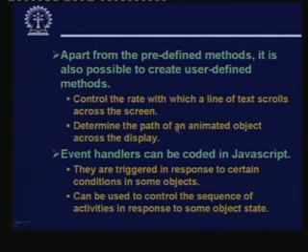Now, you can write your own function to control the speed with which the text would be scrolled. Similarly, you can have some kind of animation on the screen and your method can control the path or the way the animation would be carried out. The direction or the path of the animation, and maybe also the speed of the animation.